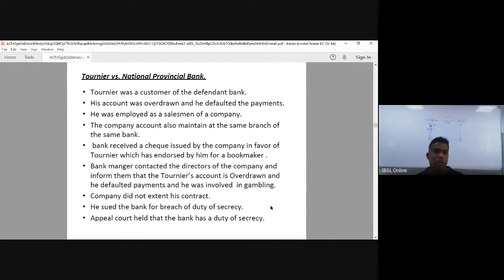This case is called the Tournier case, or Tournier versus National Provincial Bank. You can't write an answer to a duty of secrecy question without discussing this case. This is actually the base of the duty of secrecy in banking law. The Tournier case. What happened in this matter?